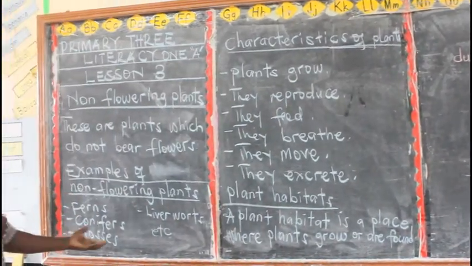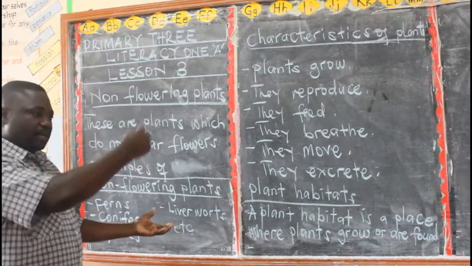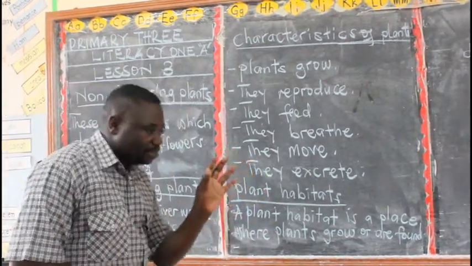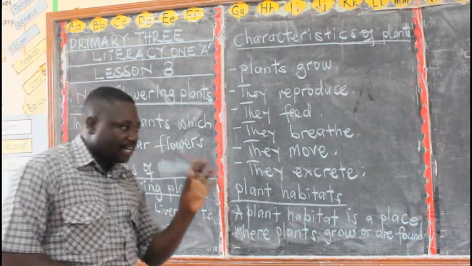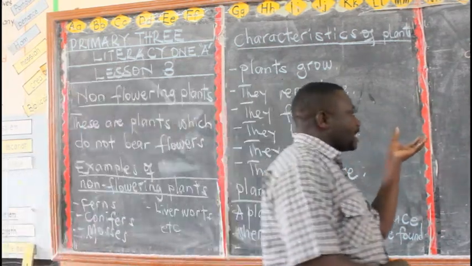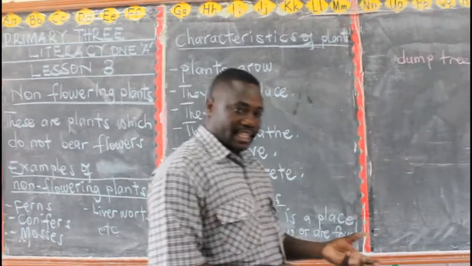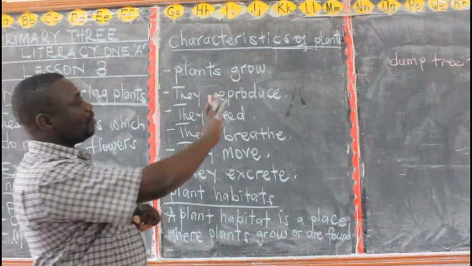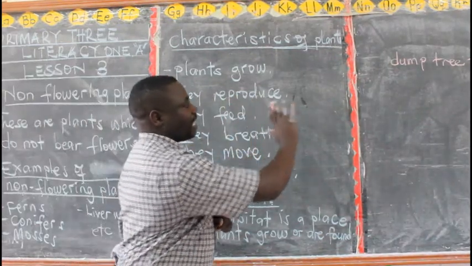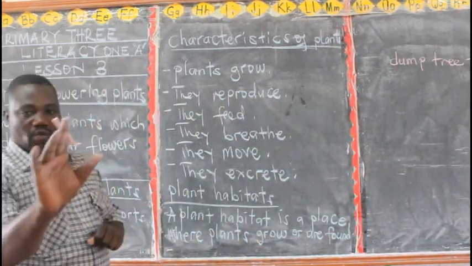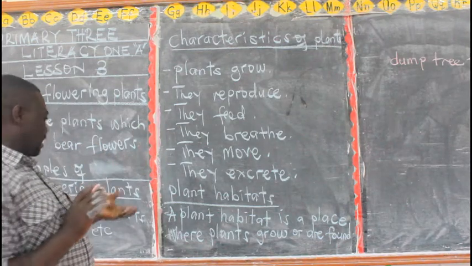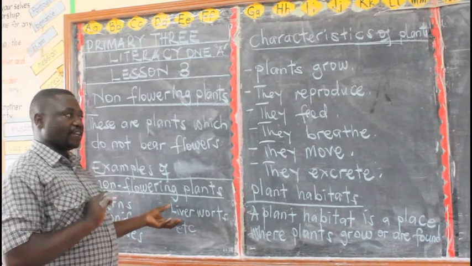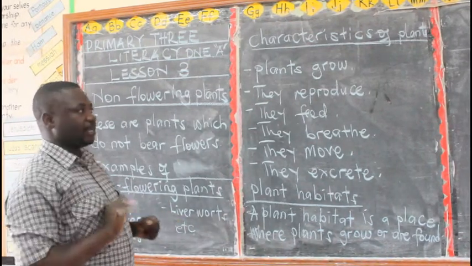Some of them even grow at the basement of our veranda. When you observe a damp veranda, when I say damp veranda, I mean a veranda having some water inside. So you will observe some green coloring material there. That one indicates that it is a non-flowering plant. You will not see them bearing flowers as flowering plants.